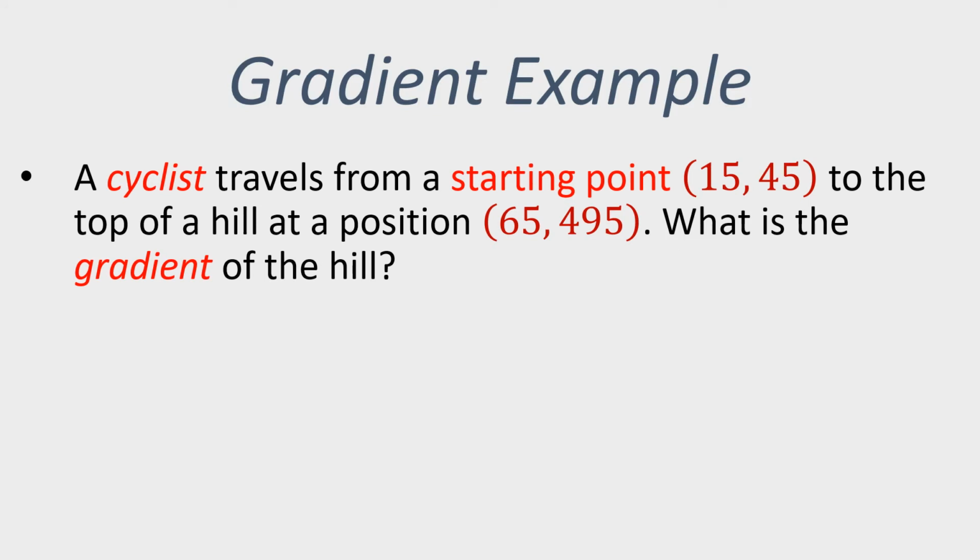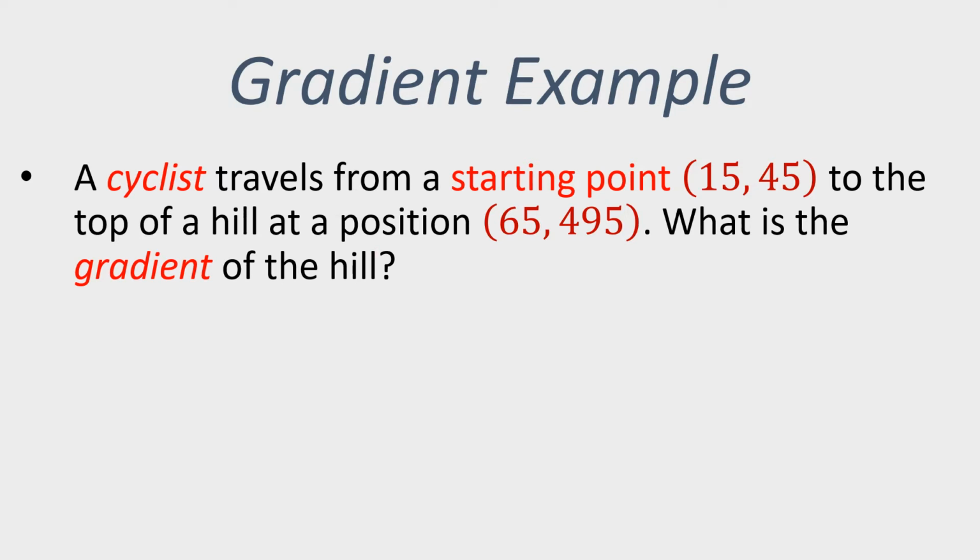So here's an example. A typical sort of question you might see is you have some object, such as a cyclist, who has a particular starting point and they travel from that starting point to the top of a hill at another position. That's what cyclists do.